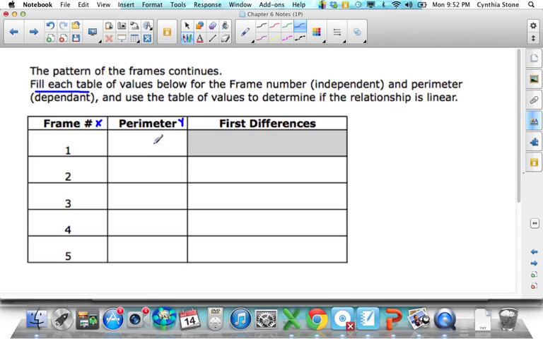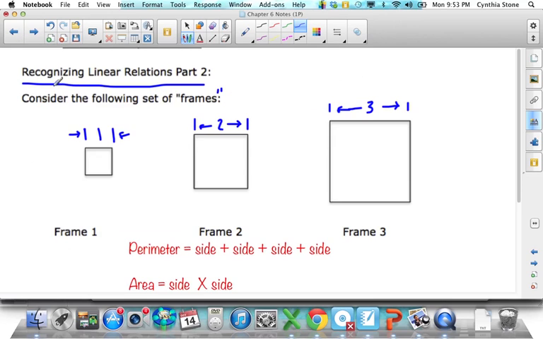So if we look back, for frame number 1, we want to find the perimeter. Well, the perimeter is side plus side plus side plus side. So it's going to be 1 plus 1 plus 1 plus 1. So for the first frame, the perimeter is going to be 4. I'll write that down.